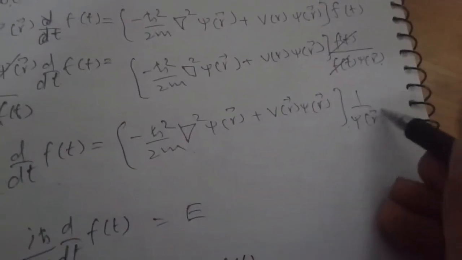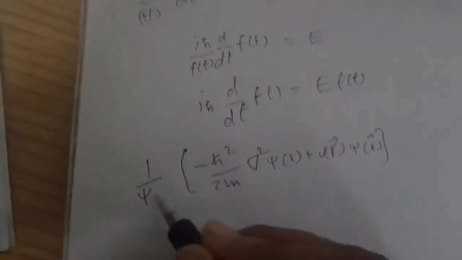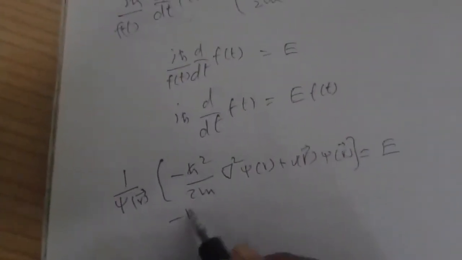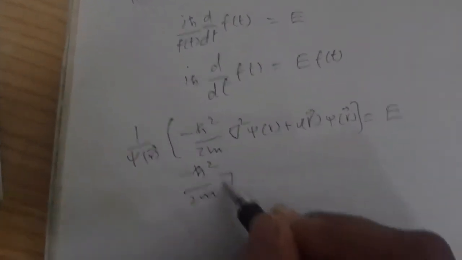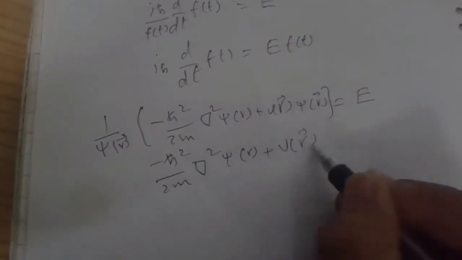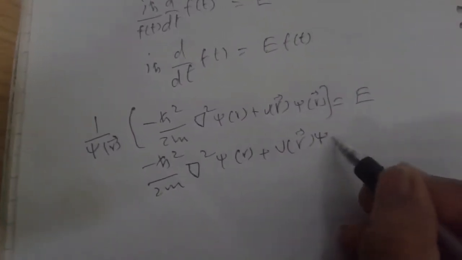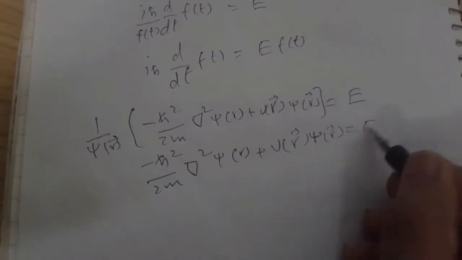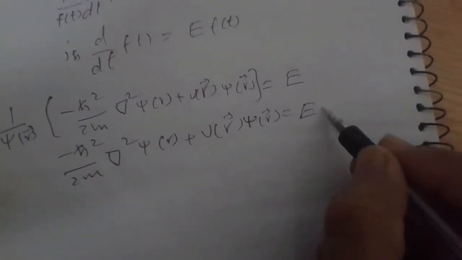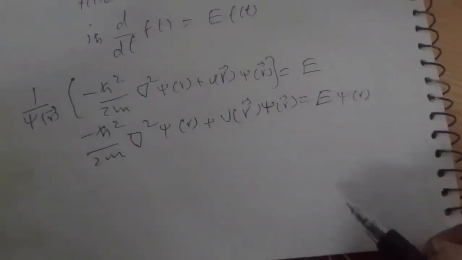So this is also equal to energy E, minus h cut square over 2m del square psi of r plus v of r psi of r equal to E psi of r. When we take this psi of r to the other side, it will multiply with this energy.